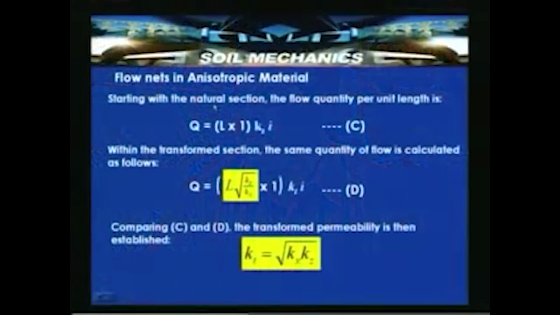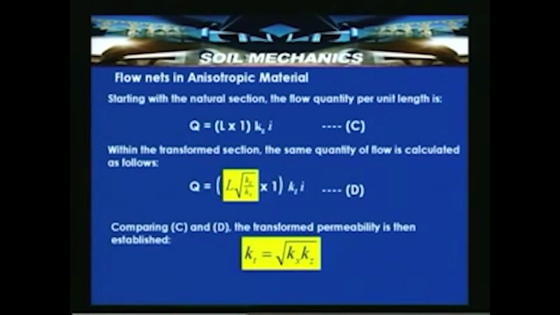Now starting with the natural section, on the left hand side in the previous slide, the flow quantity per unit length can be written as q equal to L into 1, that is the area over which the flow is occurring, into kz, the permeability, and i, the hydraulic gradient with which the flow is occurring.